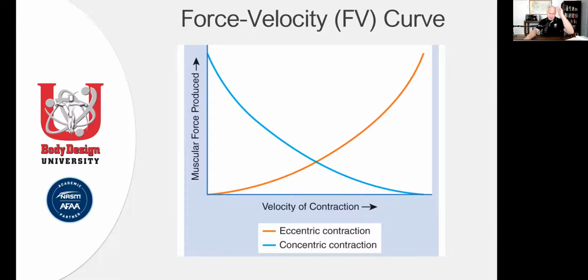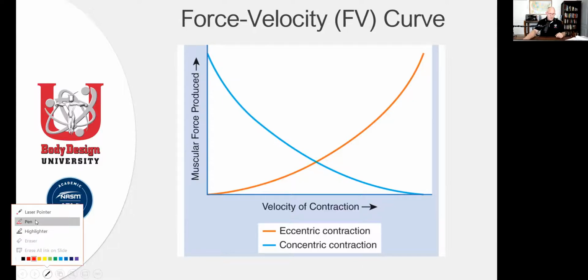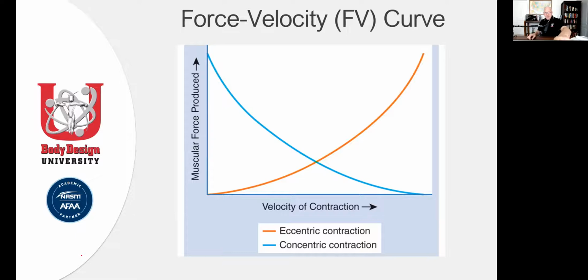Let me put a little pen on here. That's this guy right here. The blue one is the concentric curve. So it's going to be high velocity, low force, or high muscular force with very low, zero velocity in one sense.